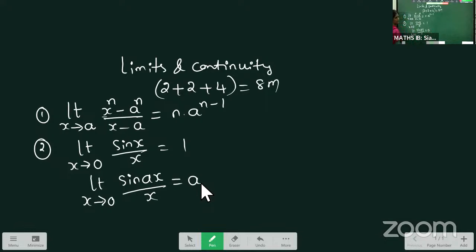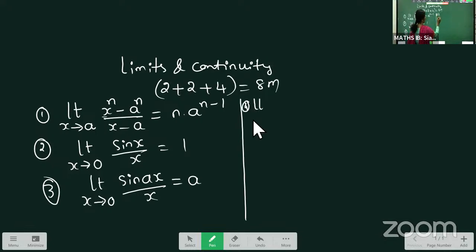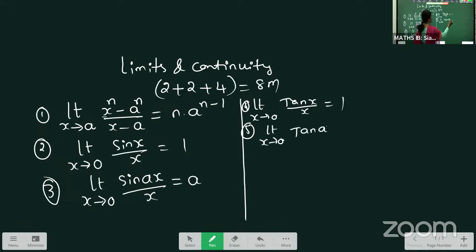So sin ax by x when limit x tends to 0 is equals to a. In the same way, limit x tends to 0, tan x by x is equals to 1. Limit x tends to 0, tan ax by x is equals to a.